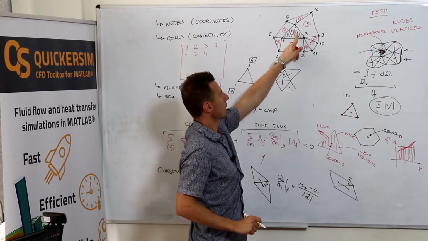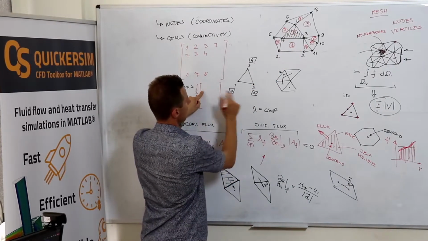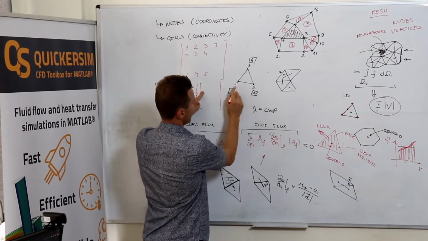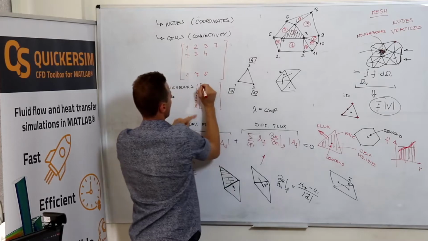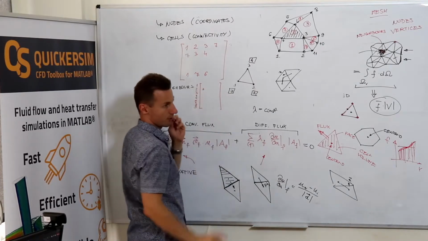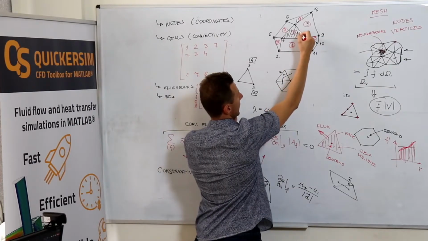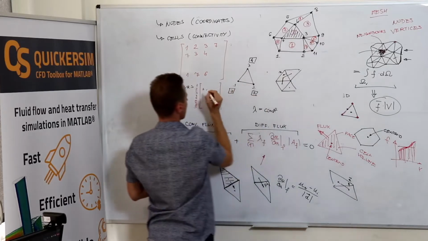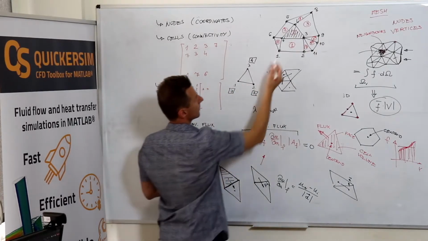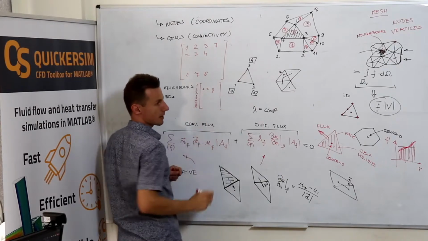Let's try to focus on our second cell. Here we've got local face 1, so our neighbor is the first cell. Then our neighbor through the second local face is the third cell, and here the 8th cell.